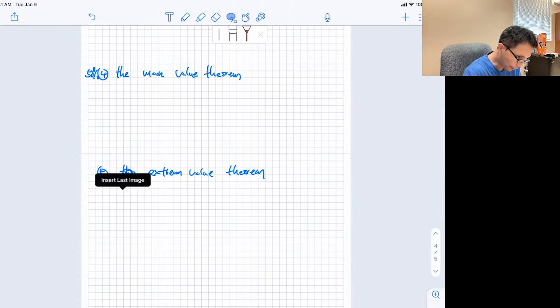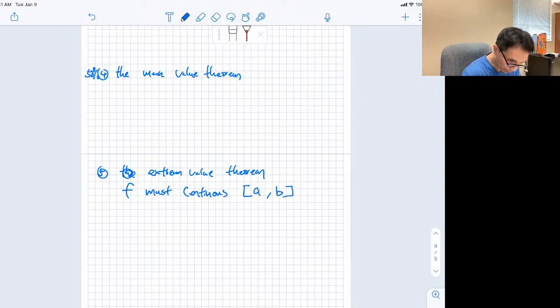You just say f must be continuous. f must be continuous, and make sure it's on [a, b] with brackets. So make sure this is closed. Why is it closed, not open?